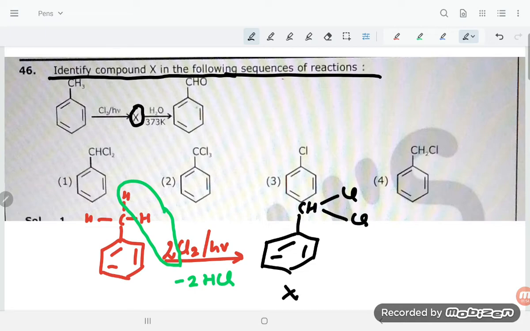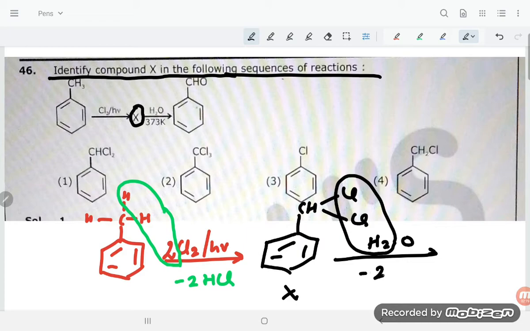This is X. If you treat it with HOH, that is water, H2O, the chlorines get out as minus 2 HCl, and the product will be CHO.